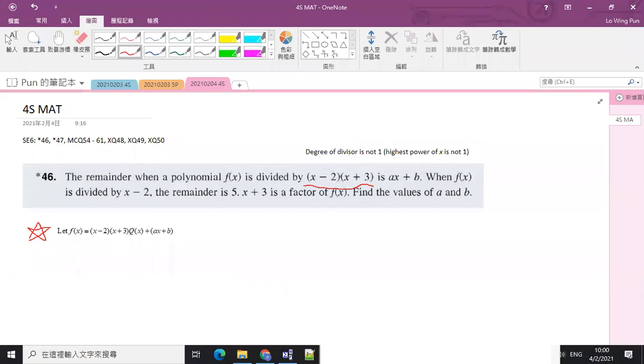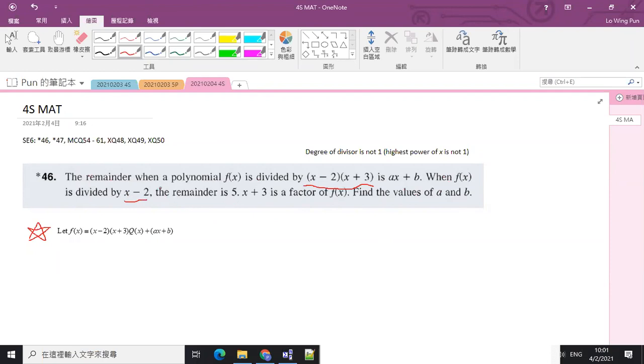Can you see this? Because when you expand the bracket, you will have an x squared term. So the degree of the divisor is equal to 2 this time. Then we cannot use the remainder theorem or the factor theorem directly. Okay, but next we have more information given. When f(x) is divided by x - 2, the remainder is 5.